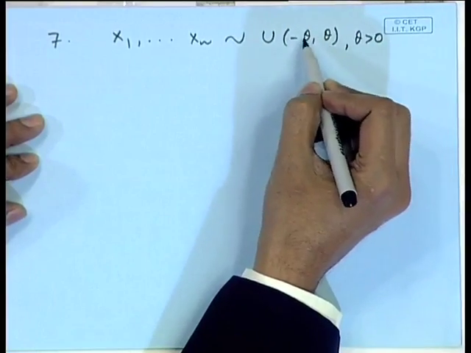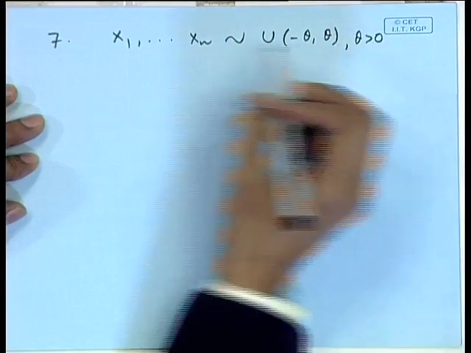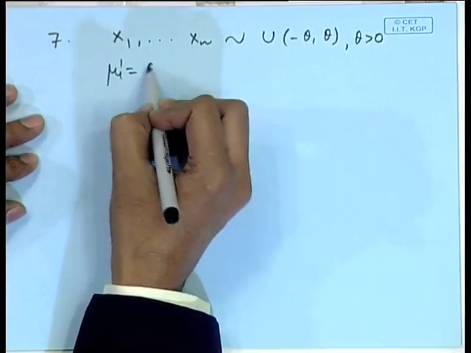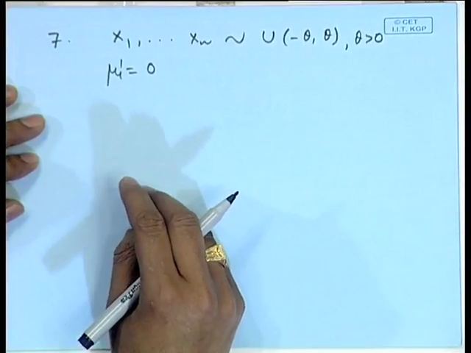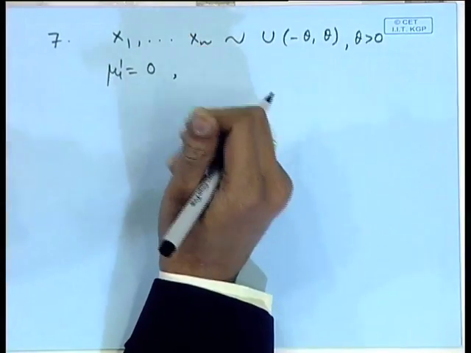So, here the problem is to estimate theta. If I consider the first moment, actually it is 0. So, this does not give us any information about how to estimate theta. So, now, if we go strictly by the rule of the method of moments estimation, then this is not an estimable function.